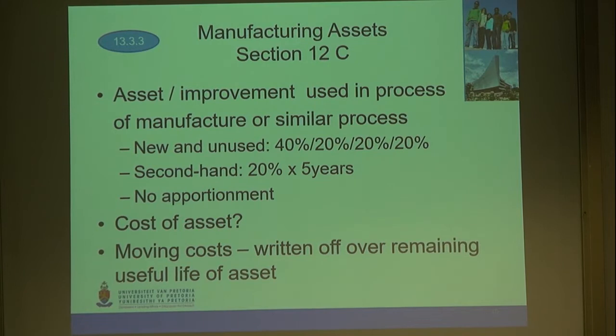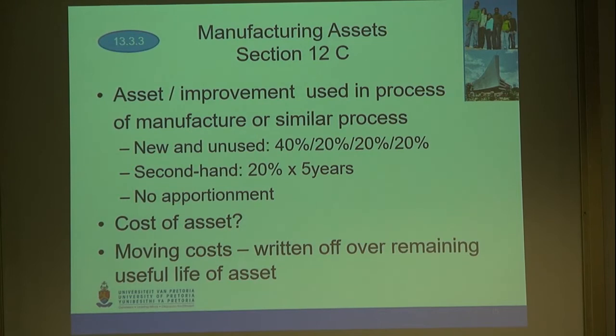So let's just say, for example, if I've got a machine that's been written off on the normal 20-20-20, so over 5 years, if after 2 years I move it, I still have 3 years to write it off. If that is the case, I'm going to take my moving costs, whatever that is, and divide it equally by the 3 years that are left. If there's 2 years left, I'm going to divide it by the 2 years. If there's 1 year left, I'm going to write it off in that year.